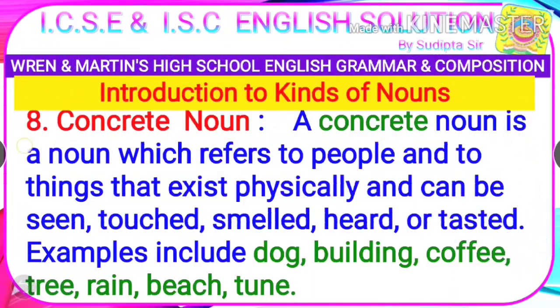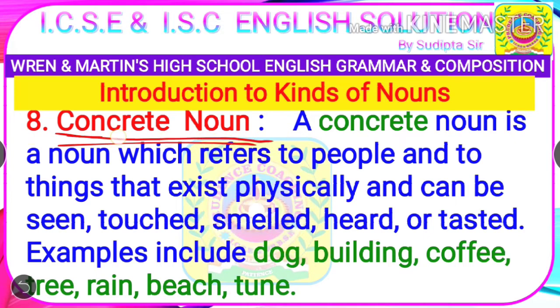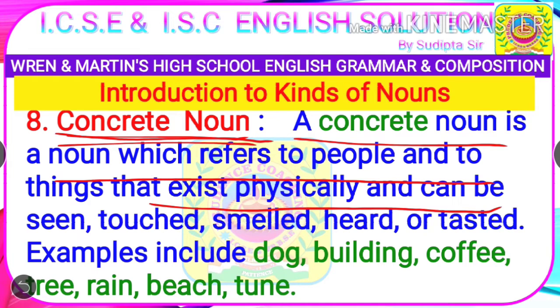Next, there is concrete noun. Students, all of you may be quite surprised about this because you haven't heard yet about concrete noun, and for those who know about this, it's pretty good knowledge. So we'll know about concrete noun now. A concrete noun is a noun which refers to people and to things that exist physically and can be seen, touched, smelled, heard or tasted.